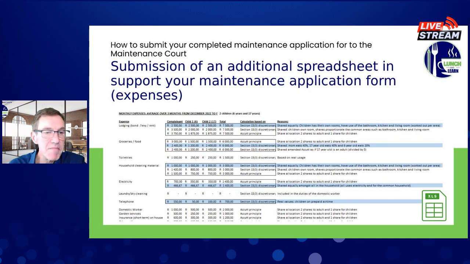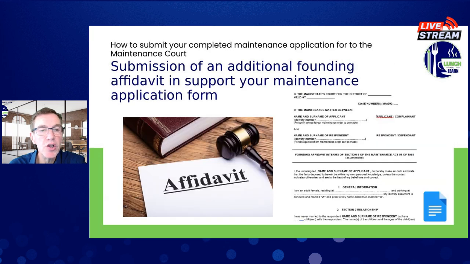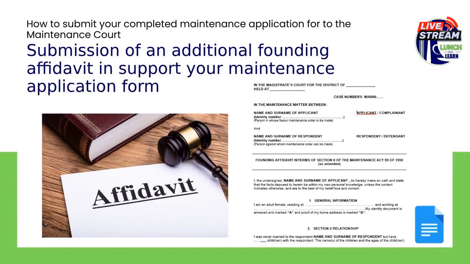Right. The next one that we could look at is the submission of an affidavit. Now, the submission of affidavits could sometimes be troublesome. It could be to your advantage, but it could also work against you.